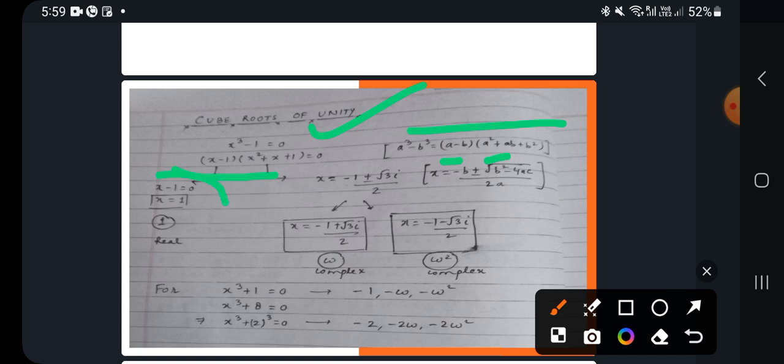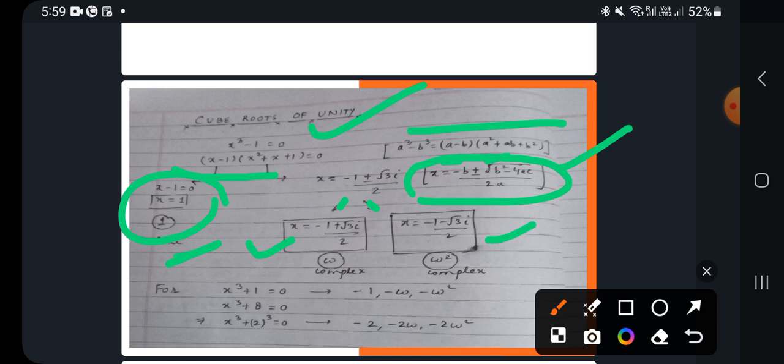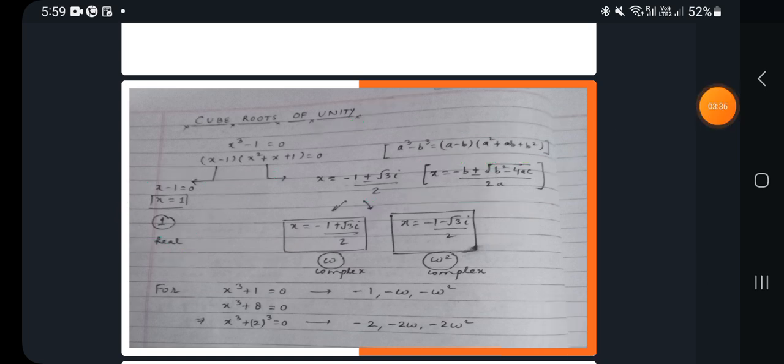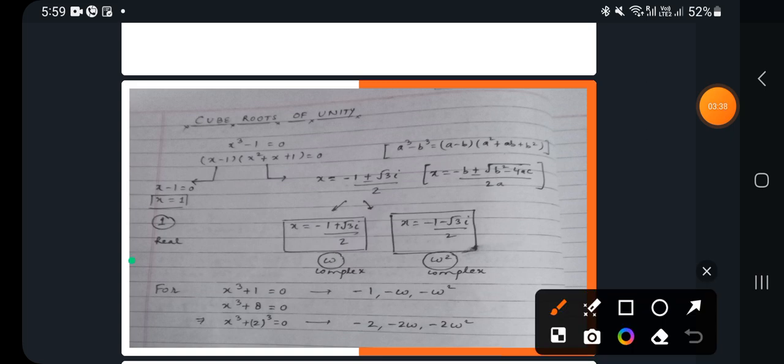So here x minus 1, when equated to 0, will give 1, and the other two roots, by applying the quadratic formula, that is x is equal to minus b plus minus under root of b square minus 4ac upon 2a, we will get two values of x, that is omega and omega square, and both of these are complex. So we can see from here that one is real and the other two are complex.